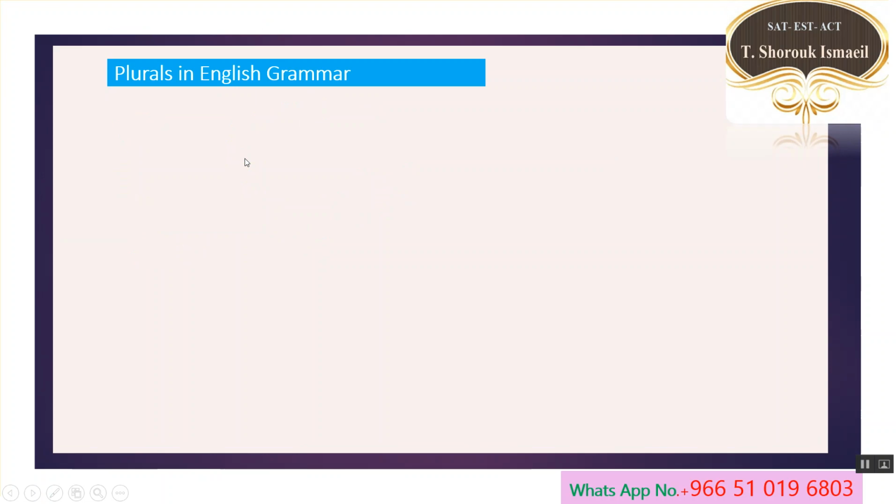Let's have more examples and more explanation. Plurals in English: if I have a noun that is a singular noun, it will take a singular verb.